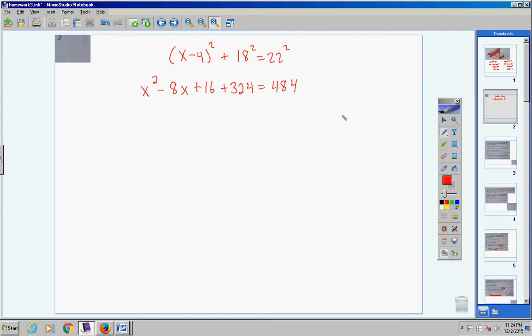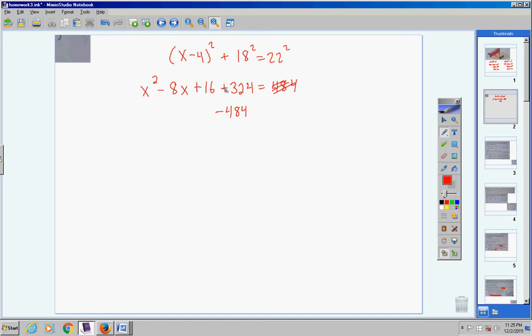Now that you've simplified, look at what you've got, guys. You've got a quadratic equation. Here's a squared variable. There's no other higher exponents, so we're good. I notice, unfortunately, I have an x term, so I will not be able to use the square root method. So I am going to have to use the quadratic formula. Okay, so I've got positive 16, positive 324, and a negative 484.